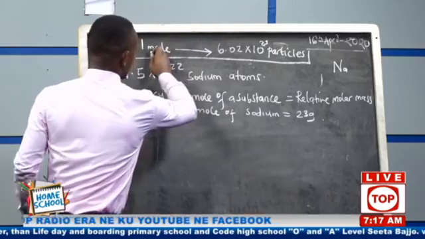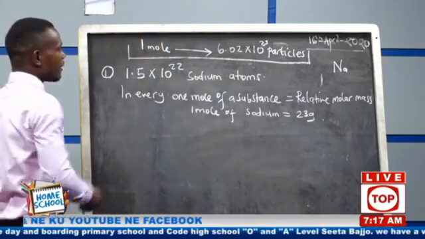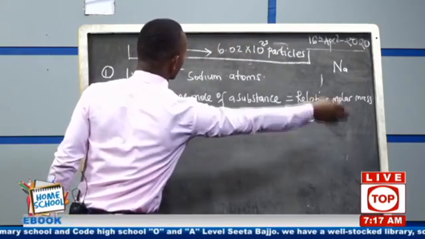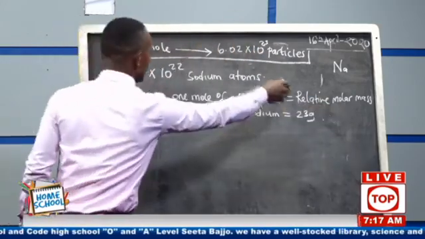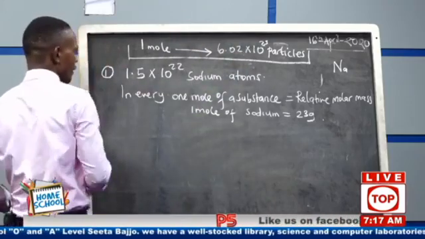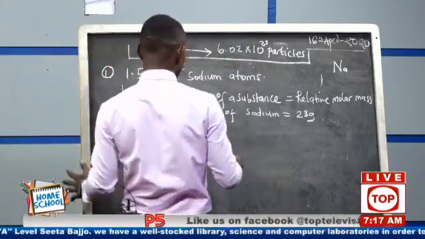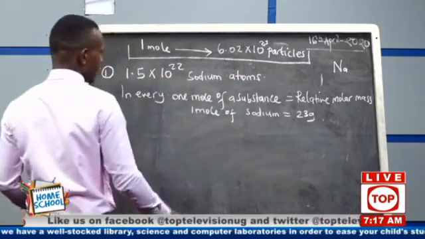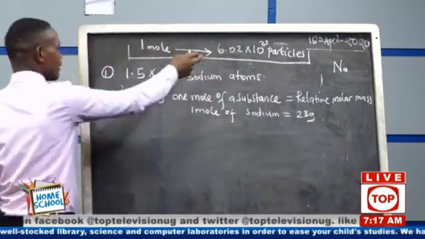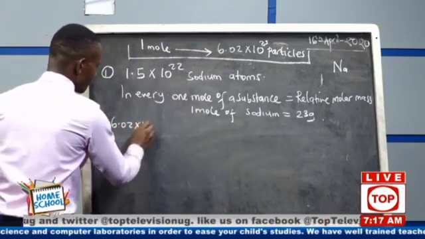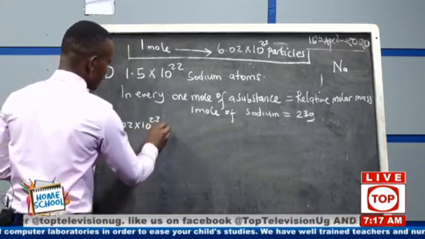Now it is like this. When you are determining something, what you are determining goes on the right. But when you are not determining it and you are using it, it will go on your left. What you are using goes on your left, and what you are determining goes to your right. Since this one is what we are using, we say 6.02 times 10 power 23.